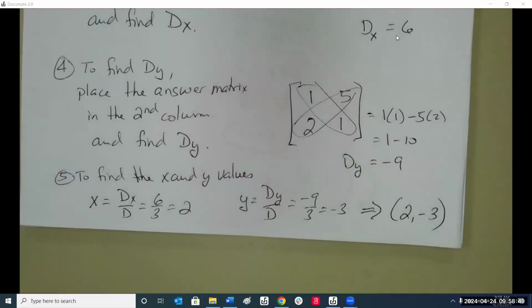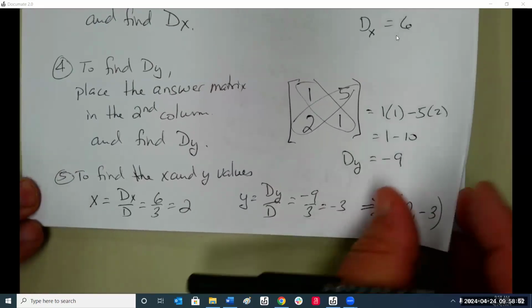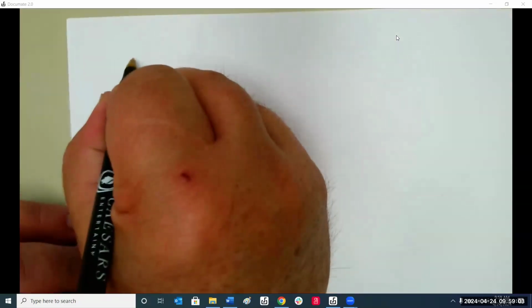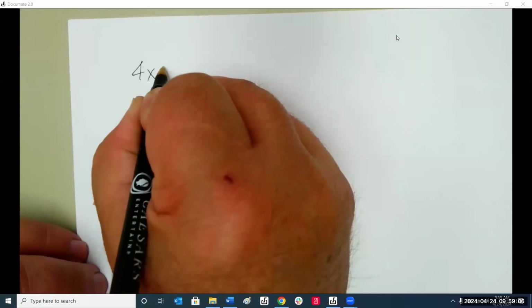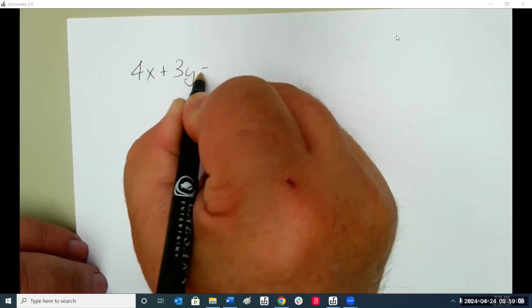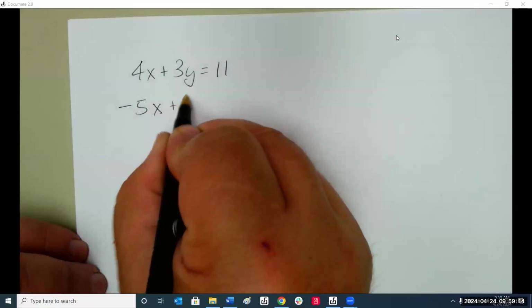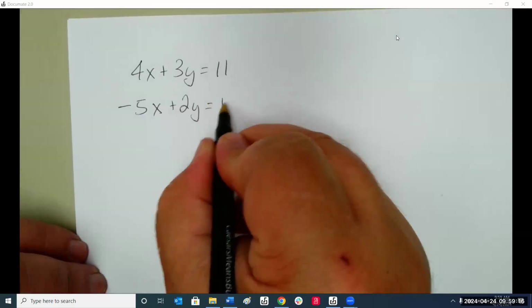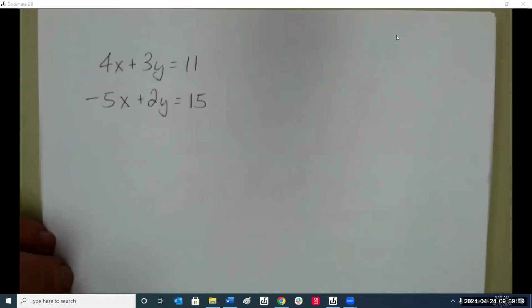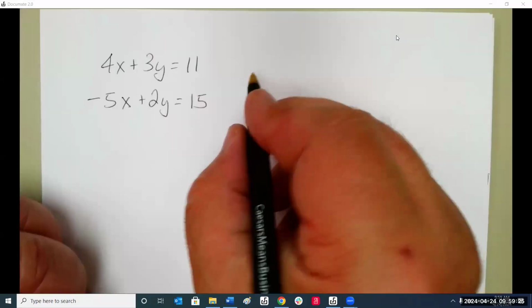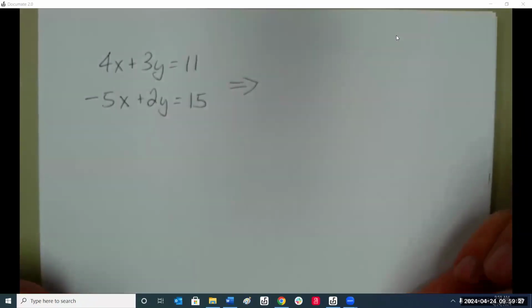Let's do the same thing now with the equation that we just did. We have 4x plus 3y equals 11, -5x plus 2y equals 15. So put them in the matrix form first.